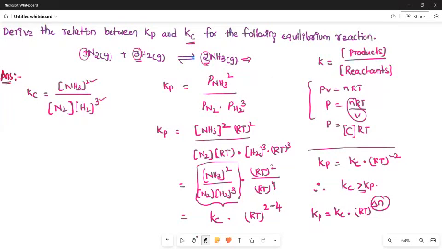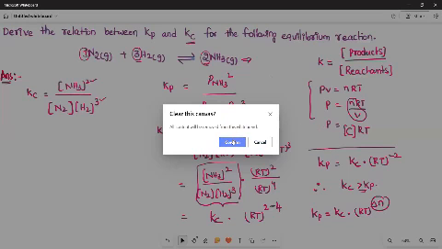Very simple. And what is the other reaction? Just a minute. We will see that also. For example, now I am taking SO2 gas plus half O2 gas that gives rise to SO3 gas. Contact process for the preparation of sulfuric acid.